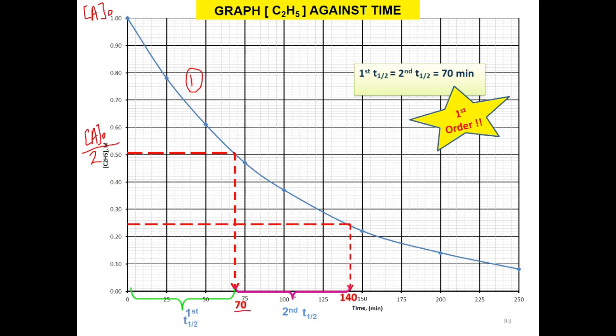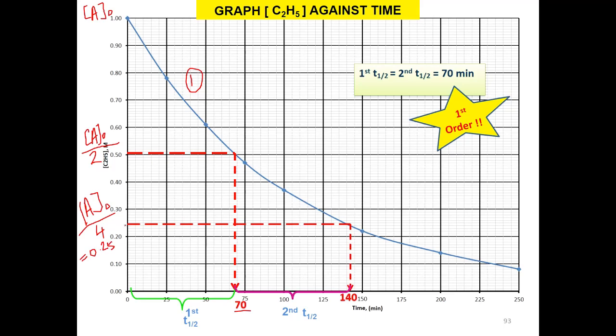The second t half will be A0 divided by 4, so that means 0.25.